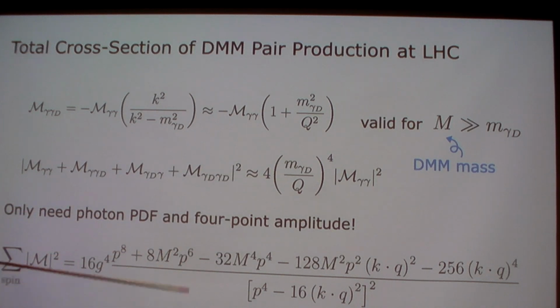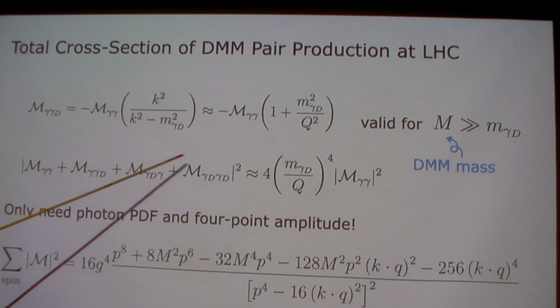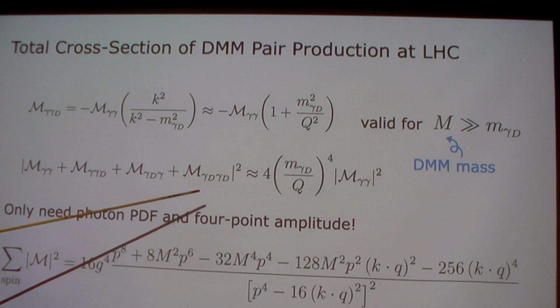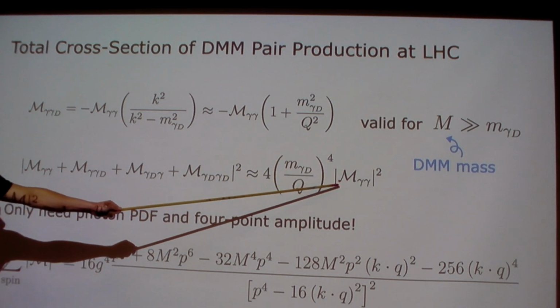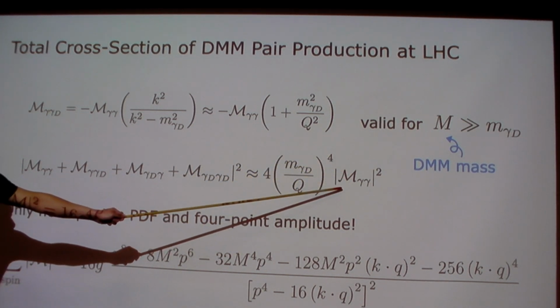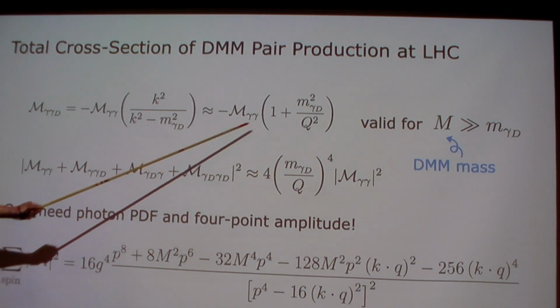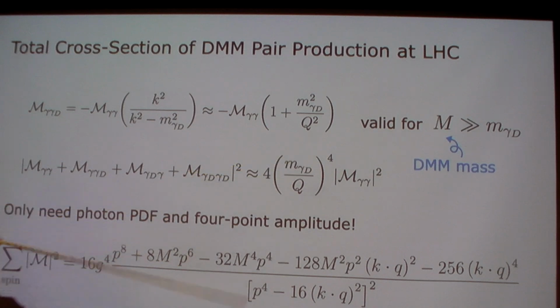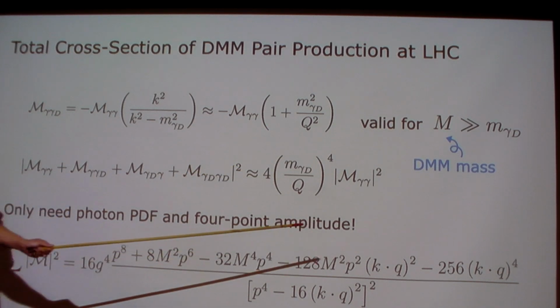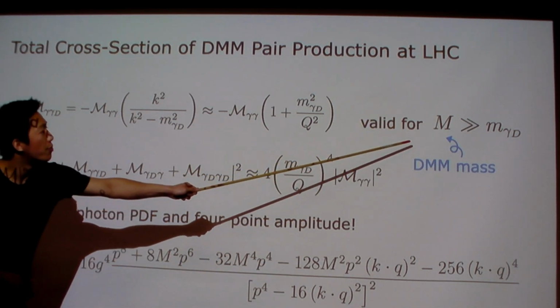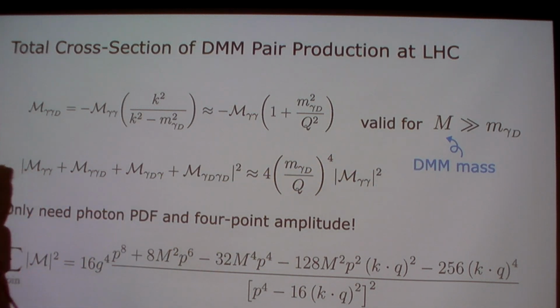So I can just write the interference effect as the contribution from just the photon-photon fusion times this factor. And this will be valid if I just look at the parameter space where the dark magnetic monopole mass is way bigger than the dark photon mass.